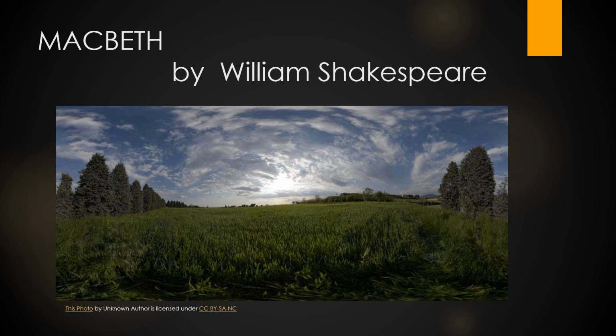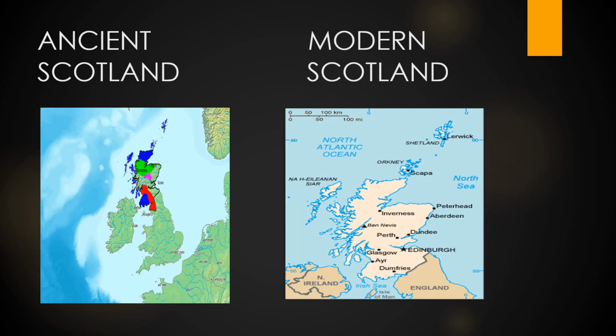That is part of ancient Scotland, remember. So I have given you two maps here, one of ancient Scotland and modern Scotland, and you will immediately say, ma'am, there is too much difference in the land spheres.